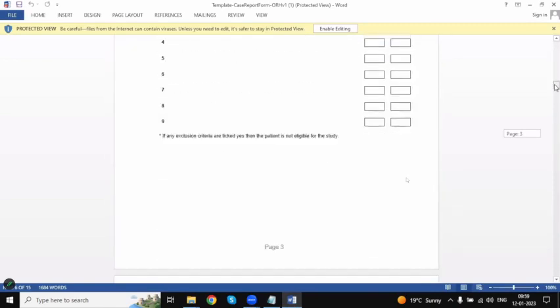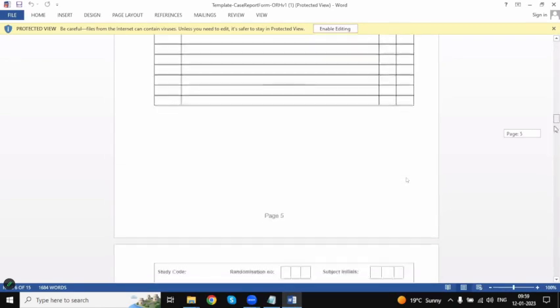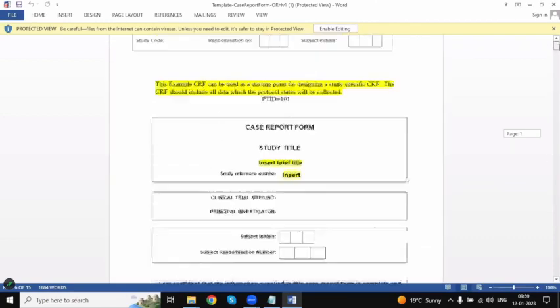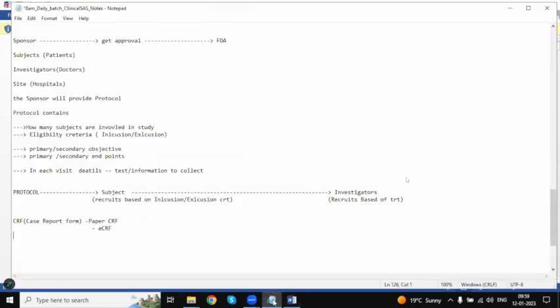Now, do you understand what information you have in a CRF? What will we do immediately? Now the background teams will come into the picture. The first team involved is the CDMT, Clinical Data Management Team.